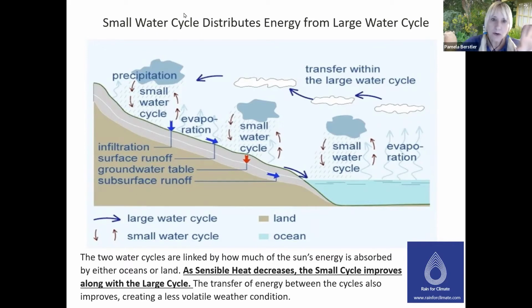So if we removed that amount of energy from this whole system, if we started absorbing that energy back into the soil, back into the plant material, and we reestablished the gentle cycle of terrestrial precipitation that came from plant material, we would be taking energy out of this large water cycle and over time realigning the large water cycle so that it's not having to respond to such high temperatures. And this is a full-on global warming thing.